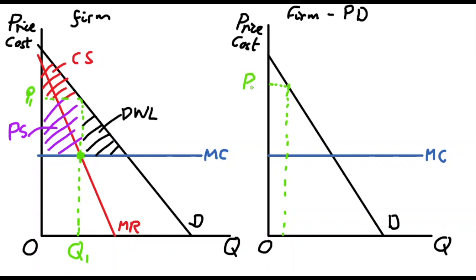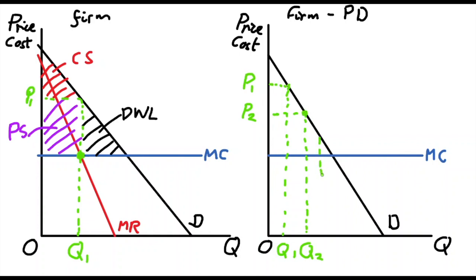So for a high willingness to pay customer, they will be charged a high price level at P1 for this level of output. For a customer who's willing to pay a lower level for the exact same product, Q2, they will be charged a lower price, their highest willingness to pay as measured by the demand curve.